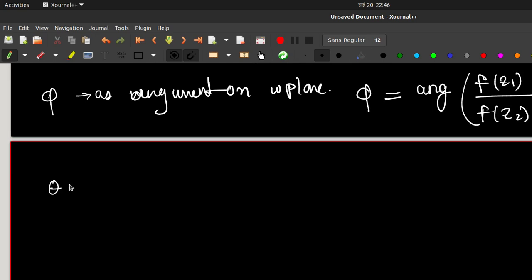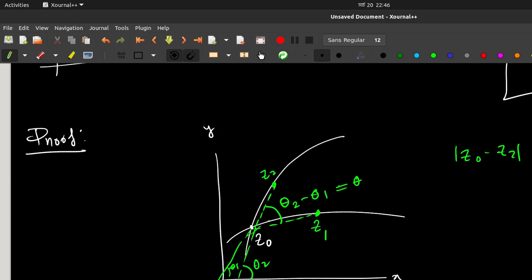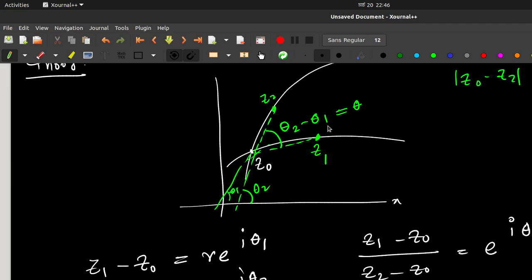So we are calling theta the limit when r goes to 0 of z1 minus z0, and let's say this is z2 minus z0. Oh wait, sorry, what we are doing, we are calling theta 2 minus theta 1. In that case there should be a minus, so we need to reverse this, sorry about that.